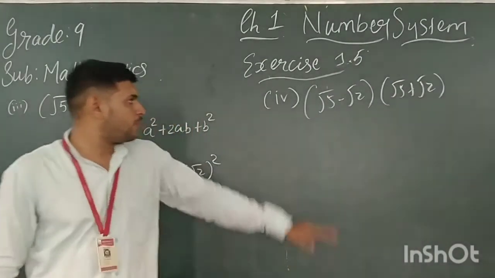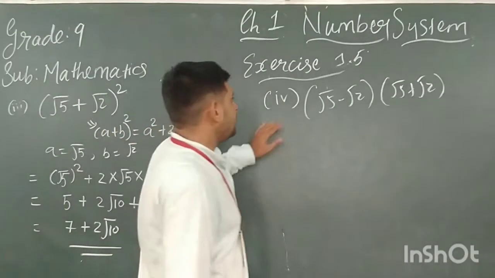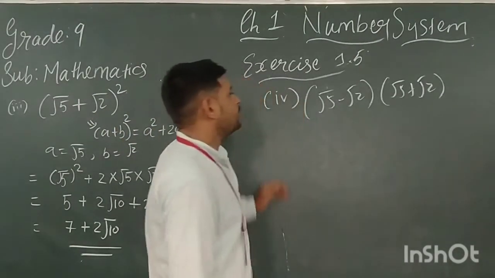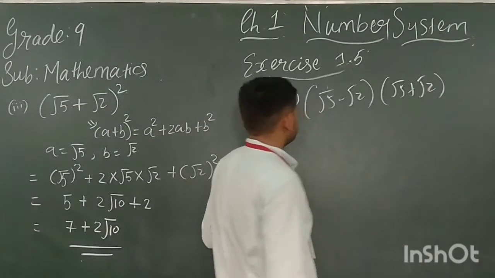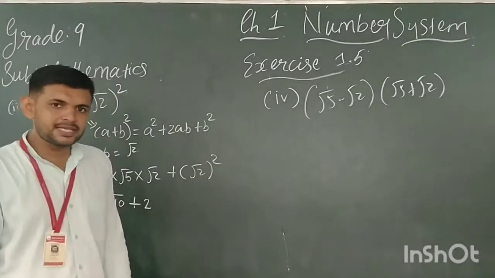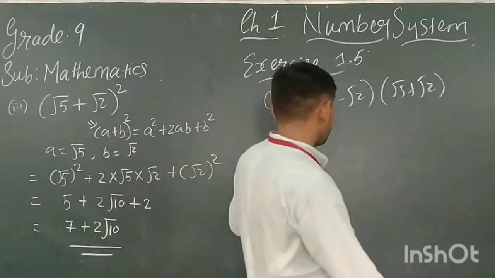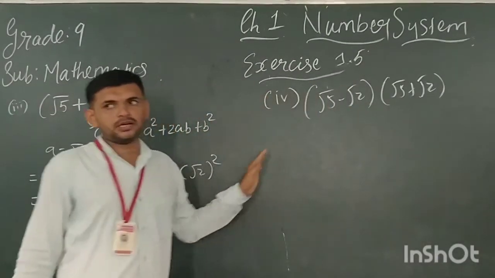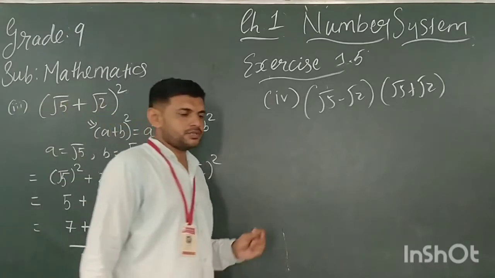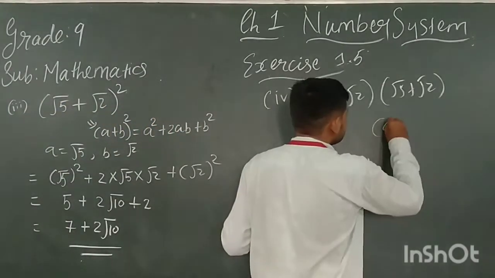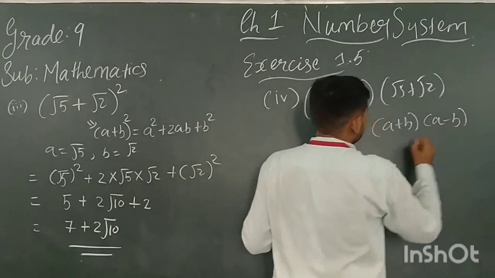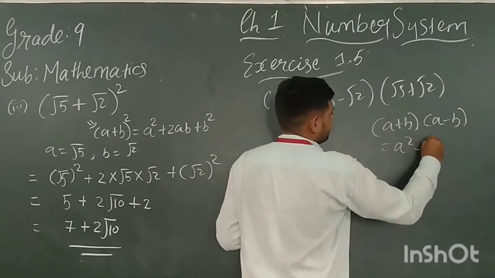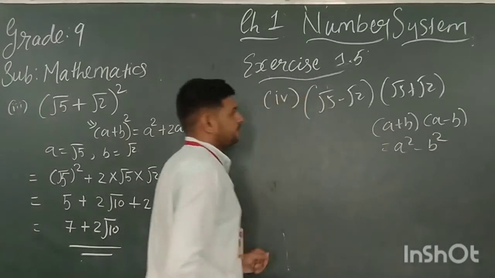Now again, we come back to the fourth sum, that is (root 5 minus root 2)(root 5 plus root 2). Again, go for your basics, and you come to know it's also a formula from factorization. The formula which can be given here is (a plus b)(a minus b), which gives a square minus b square.